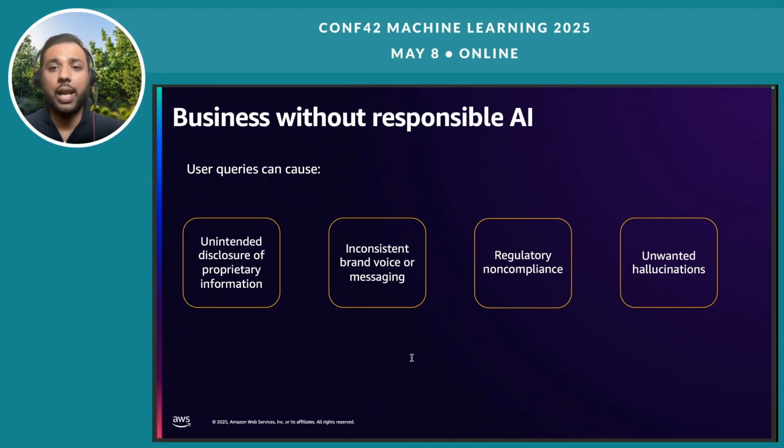And regulatory non-compliance, and unwanted hallucinations is another one. You do not want to give fake answers or fake promises to your user. Say if someone asks your company for a refund policy for a product that you offer, you want to ensure that it stays grounded in the correct information that you have and does not just make up fake numbers. So these are some of the things that we should be aware of.